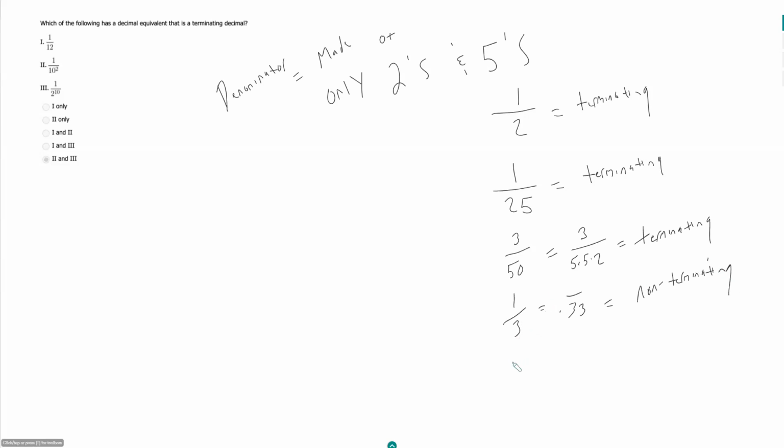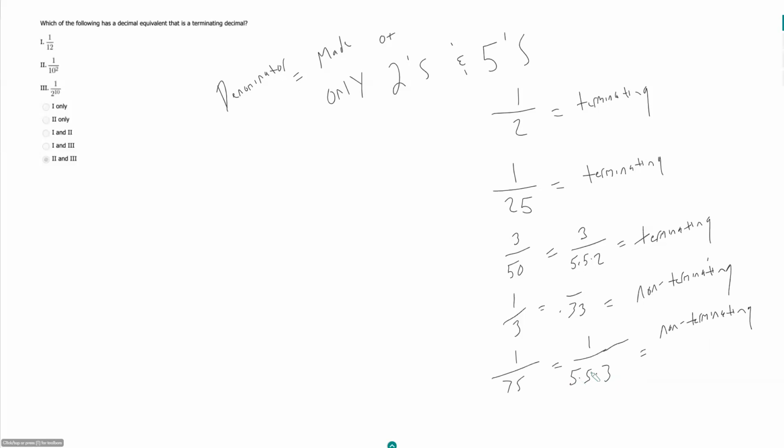Now something like 1/75. 75 can be broken up into two 5s, 5 times 5, and a 3. This will also be non-terminating, because the second you add this 3 here, it doesn't matter that it has a bunch of 5s.